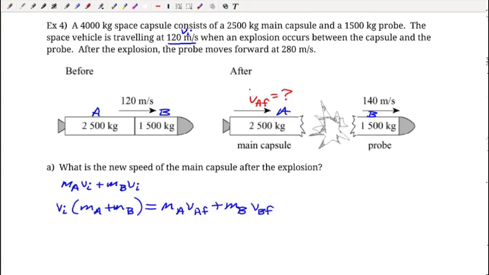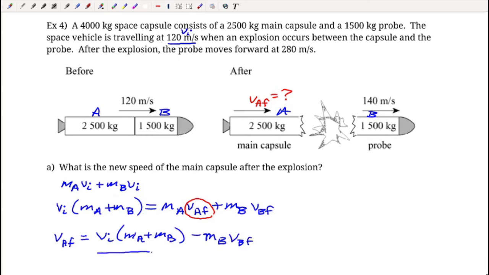After the explosion, what's the new speed of the main capsule? So I'm looking for this. I'm going to subtract off mb VBF and divide by ma to get VAF equals vi times ma plus mb, minus mb VBF, all divided by mass A.